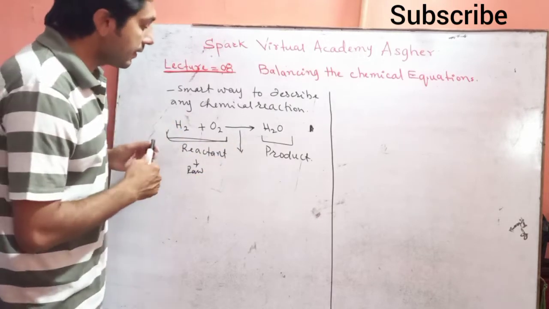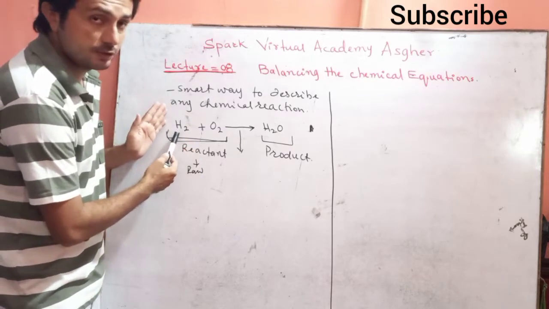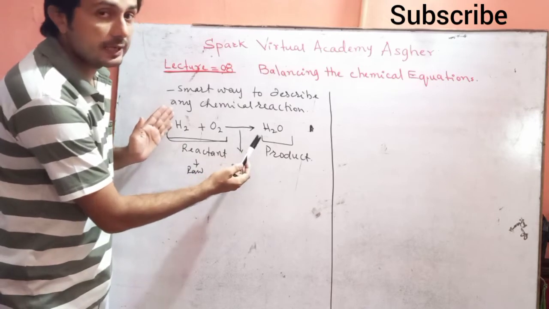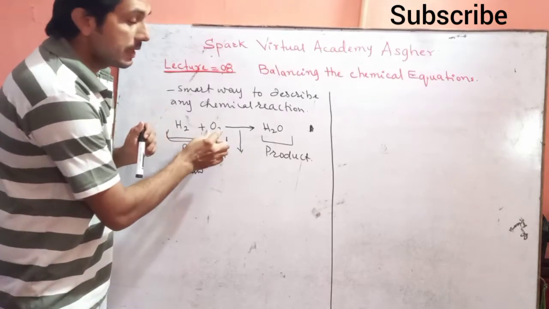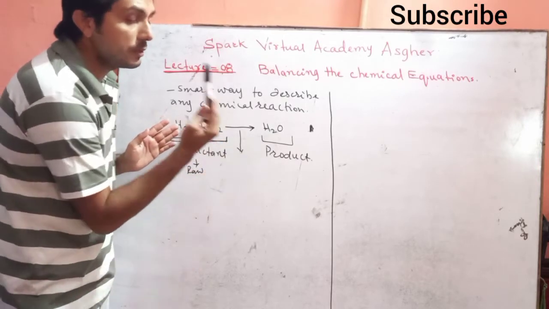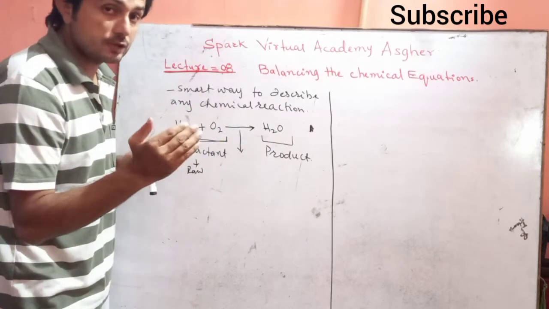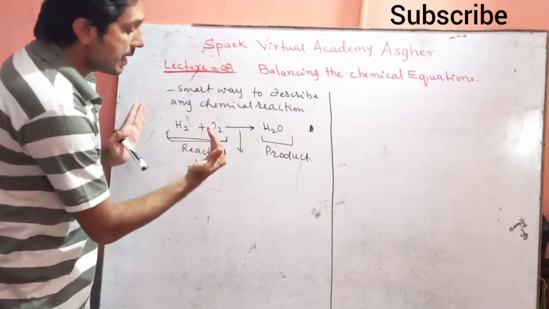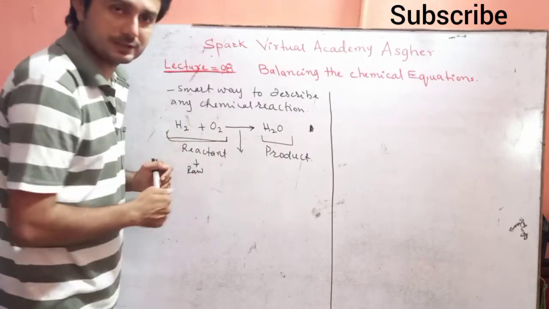If you can see here, at the reactant side we have two molecules of hydrogen. However, on the product side again we have the same two molecules of hydrogen. But in the case of oxygen, there are two atoms, but here only one is combined with the hydrogen. So as you can see there, the amount of the reactants is not equal to the amount of the products.